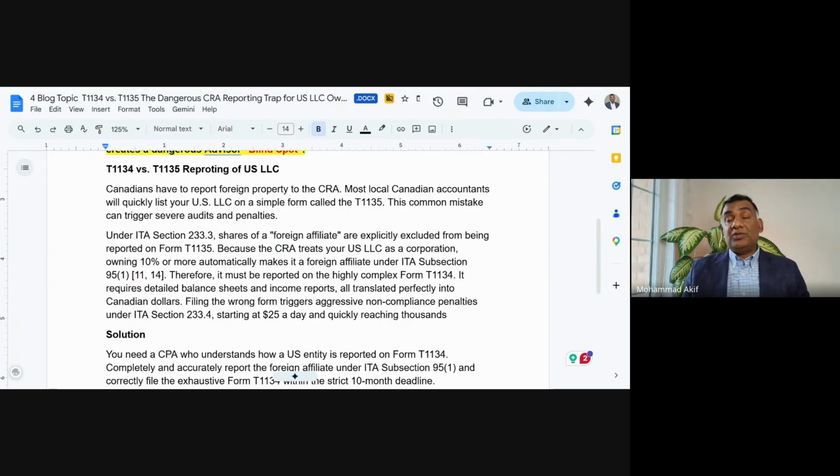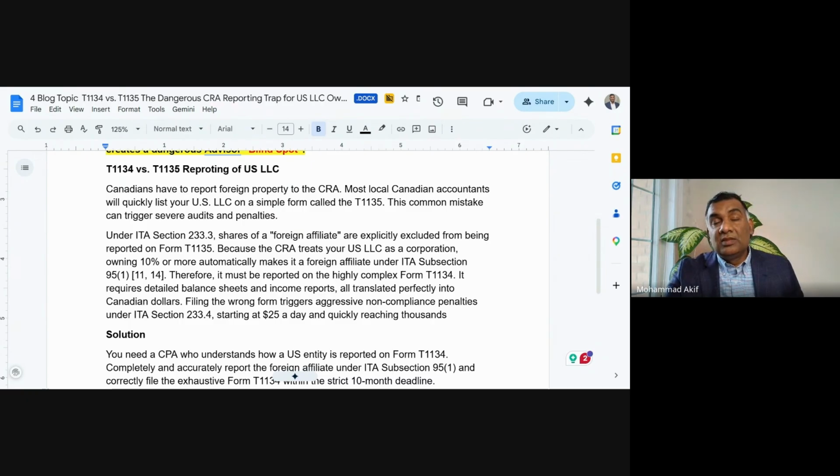Any Canadian who owns more than 10% of a US LLC is considered to have a foreign affiliate. Instead of Form T1135, Form T1134 must be filed for the US LLC. This is where they make a mistake. The majority of them report on T1135.